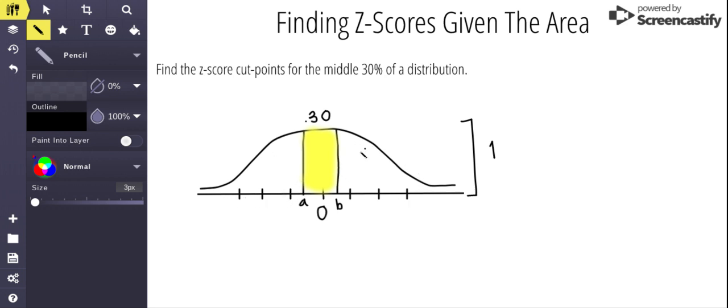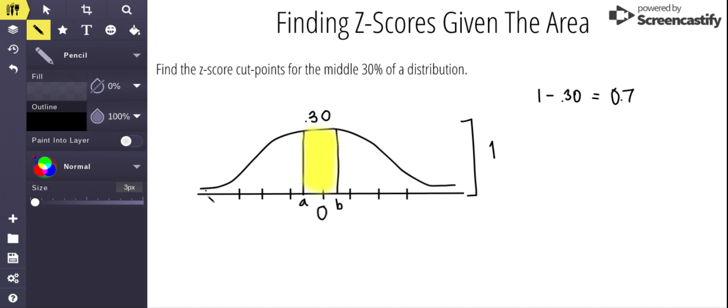And the only way to do that is to subtract 0.30 from 1. So it's going to be 1 minus 0.30, which is going to equal 0.7. All right, so that's the area outside this middle 30%.